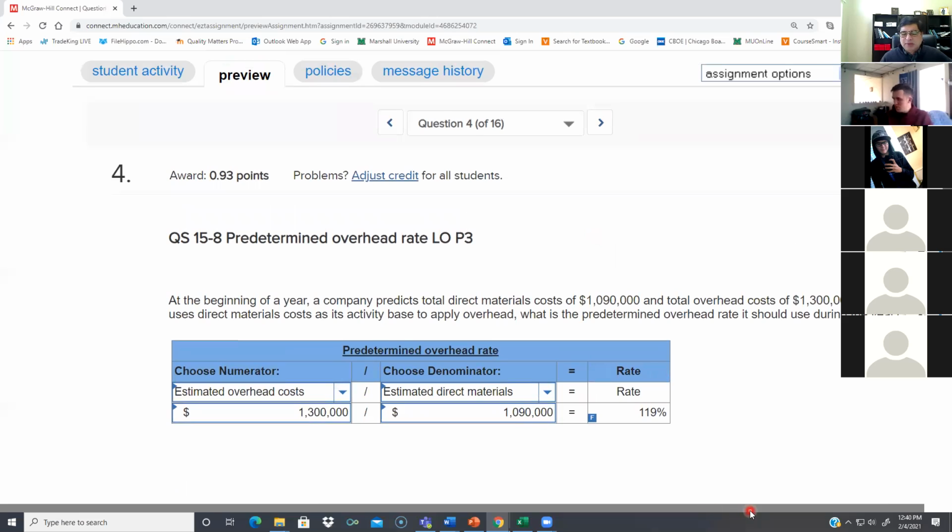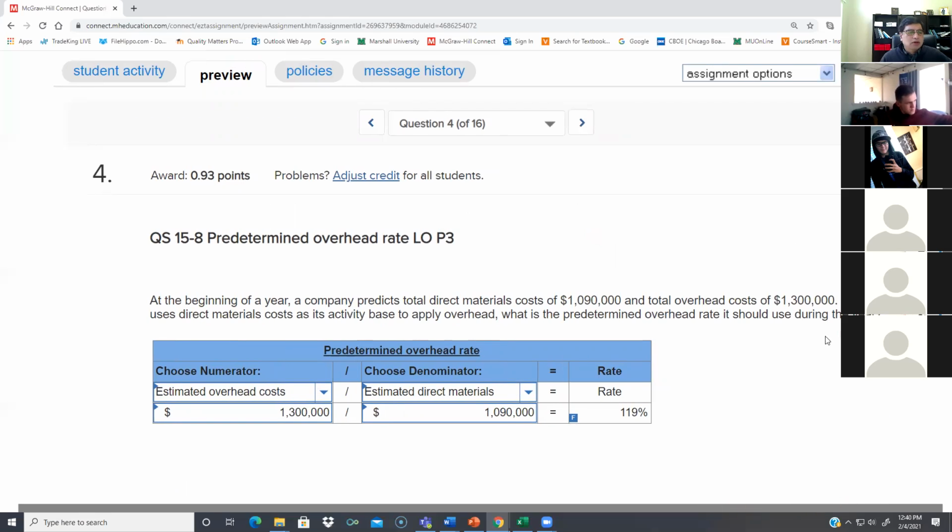Now here is another example, same thing. At the beginning of a year, direct material cost is 1,900,000. Total overhead cost is 1,300,000. In this case, notice the company uses direct material cost as its base. So your base is the direct material cost, and your overhead is 1,300,000.